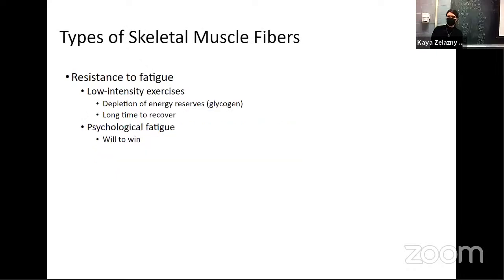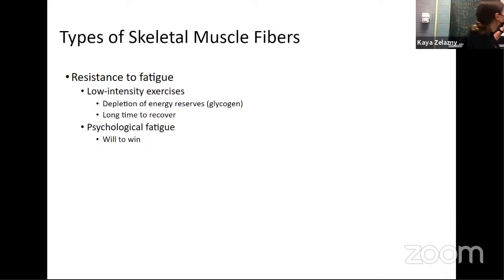In a low intensity exercise, we're going to deplete our energy reserves, right? So say we're thinking about some low oxidative fibers, right? We're using oxygen, we keep using them and using them, and eventually they run out of energy. Okay. It may be better to think about our intermediate fibers.